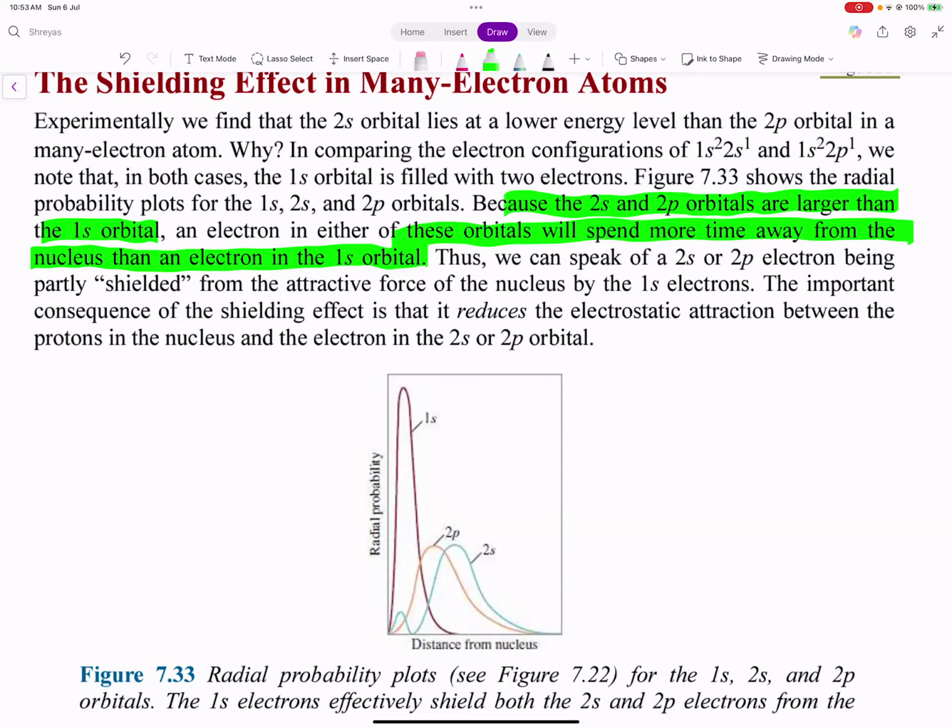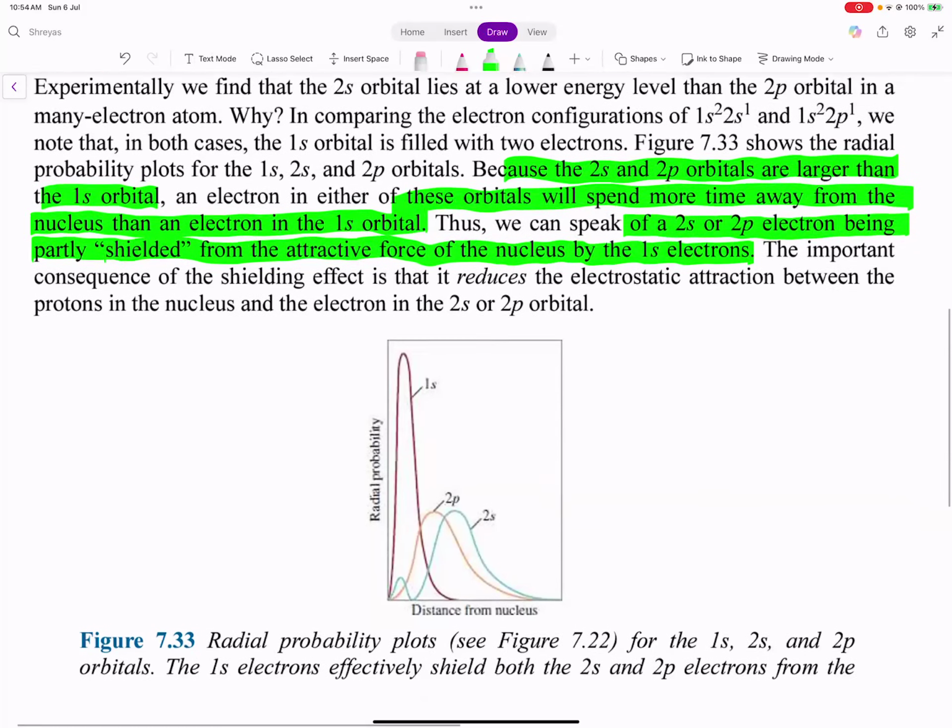So we can speak of a 2s or 2p electron being partially shielded from the attractive forces of the nucleus, because they are far, so the attraction will be less.